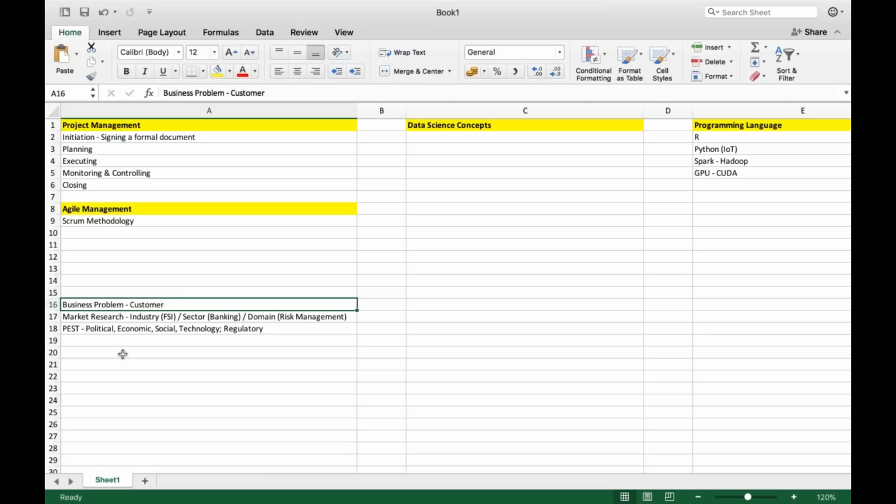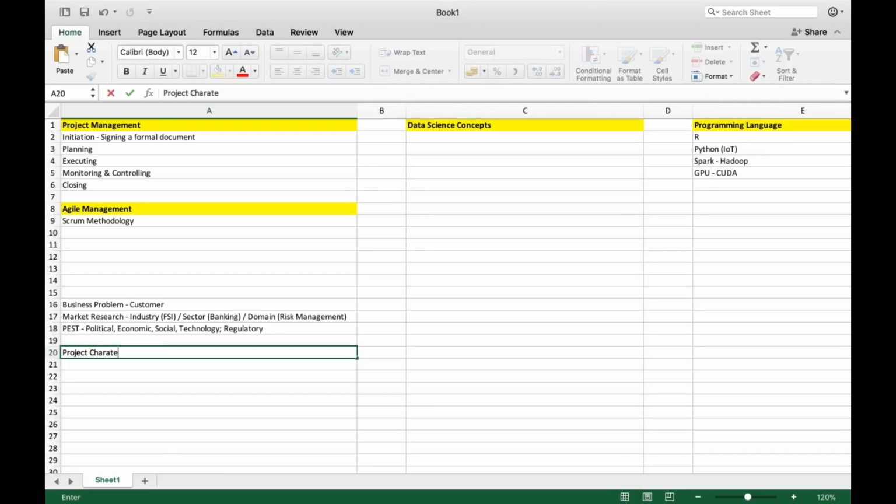All right. So once this business problem is clear, once the customer revises the business problem if need be, then the customer has to give a document called the project charter. Customer has to give. However, in the majority of scenarios, customers might not know about this, or they might be busy. Hence, they might ask you, say you're joining Cognizant, for example, so they will ask Cognizant to supply the project charter.